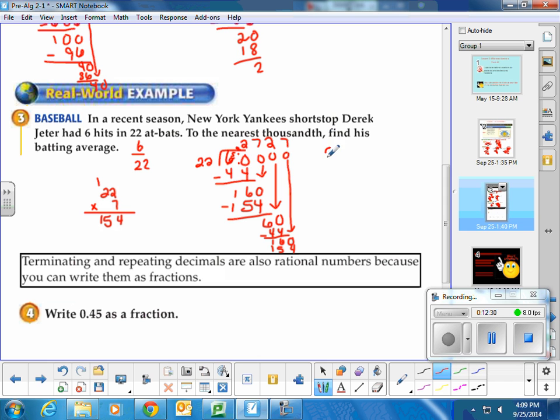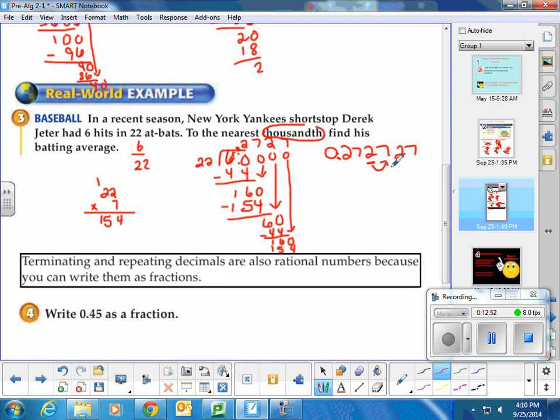So our answer is this. However, it says to the nearest thousandths. Here's tenths, hundredths, thousandths. There's the thousandths place. You want to look one number to the right.